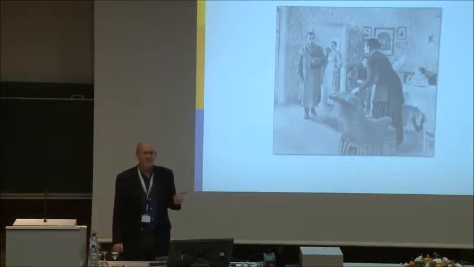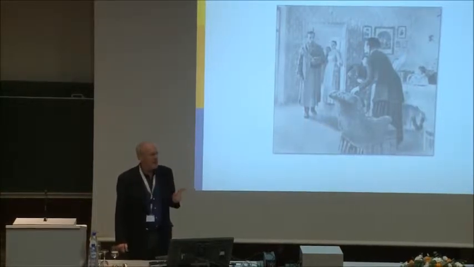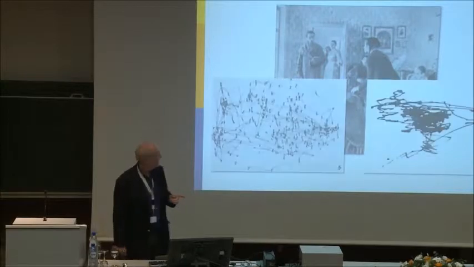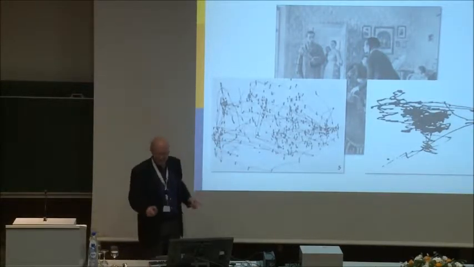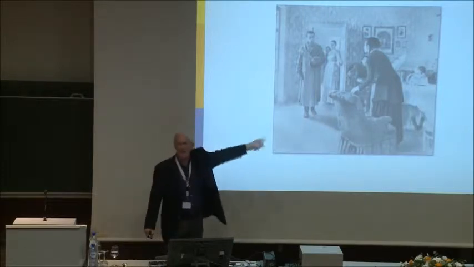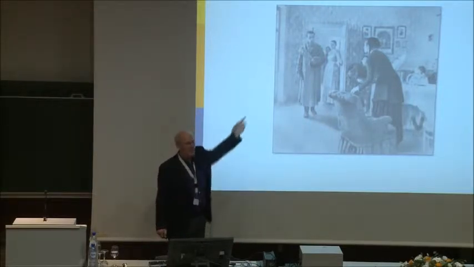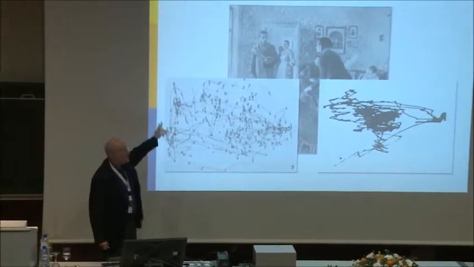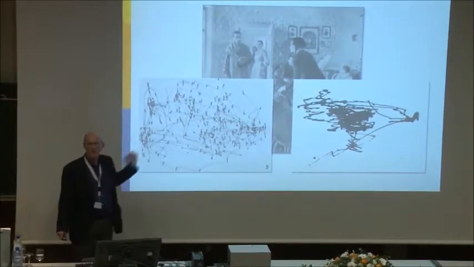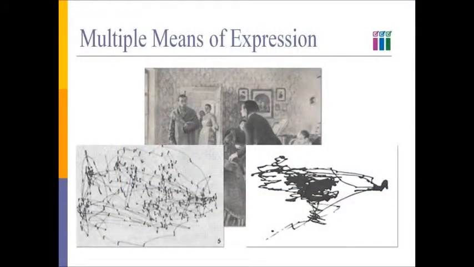However, if I were to ask you, is there a cat in this picture, you would do this, because cats could be anywhere. They could be up high, they could be down low, they could be in the middle. And so this is a scatter plot. The question was, is there a cat in this picture? And this individual looks everywhere to try and determine whether or not there's a cat.